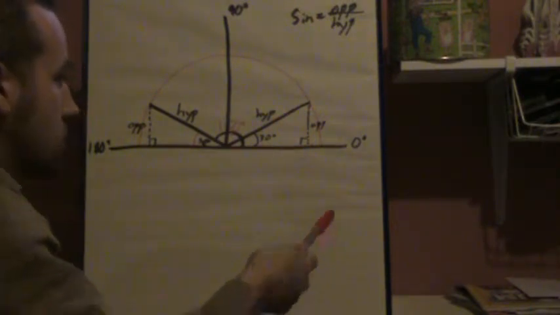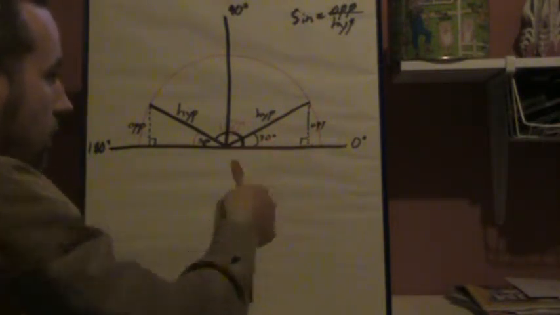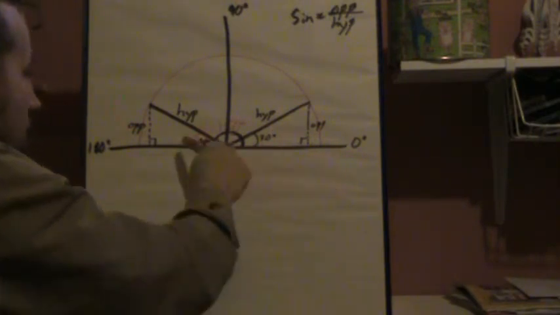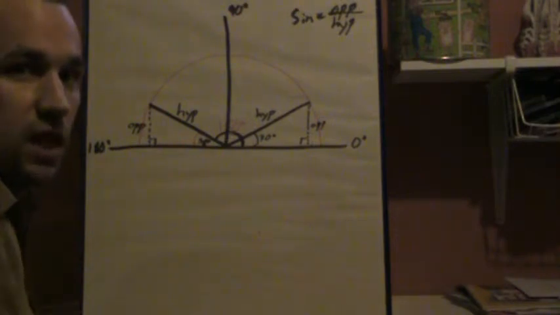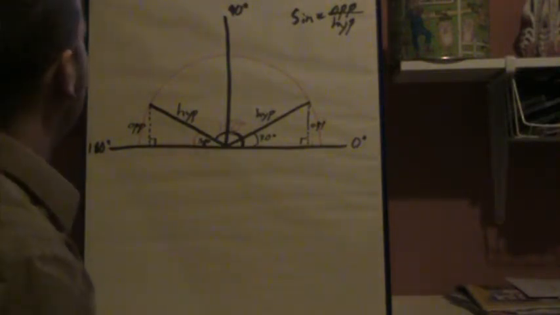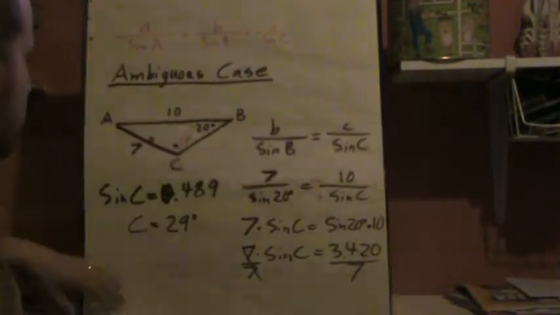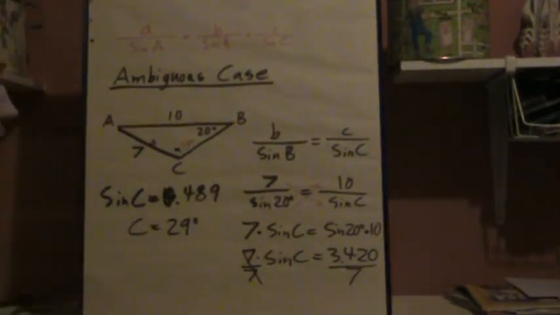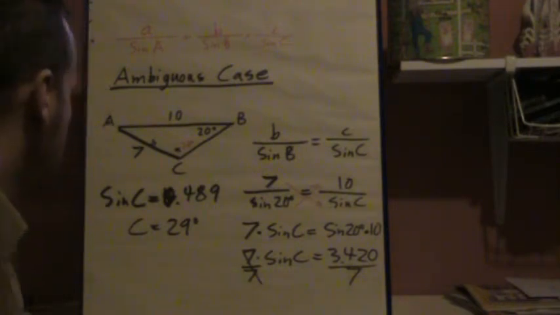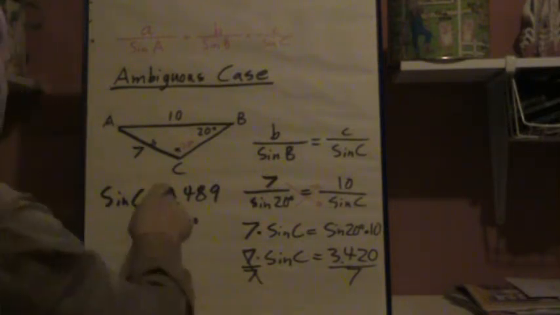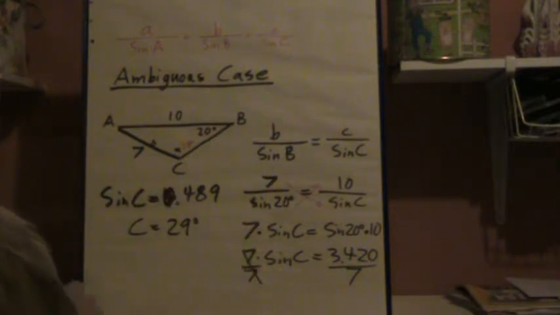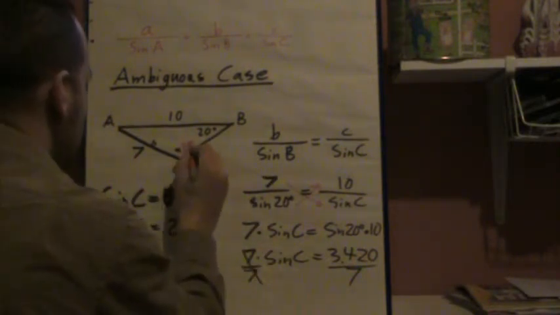So a 30 degree angle has a sine value, and then 150 degrees would have that same sine value. So let's flip back to my triangle. We said 29 degrees doesn't make sense, right? But if I go 180 minus 29, which gives me 151 degrees, that does make sense.